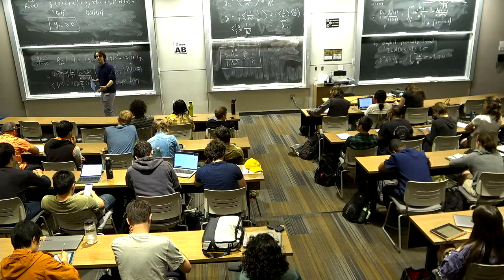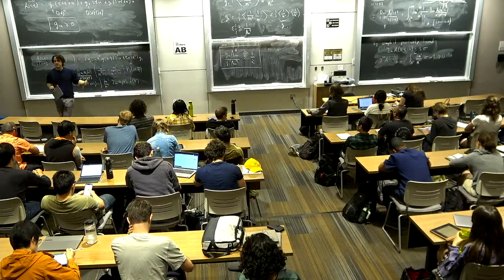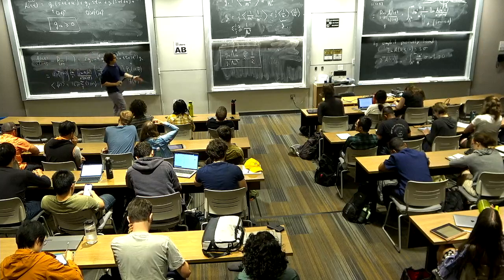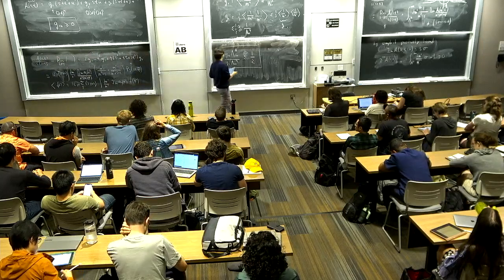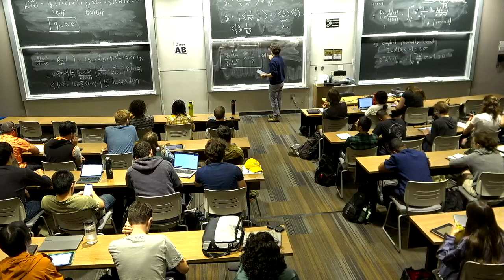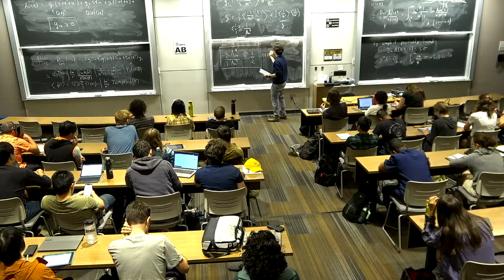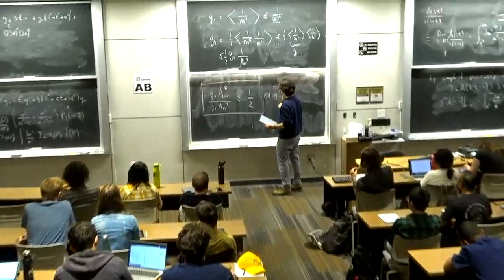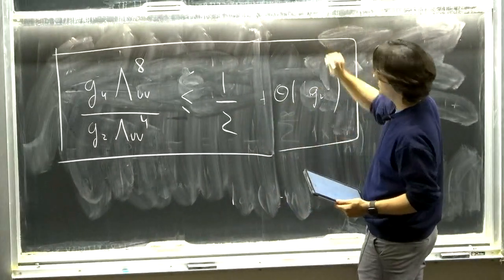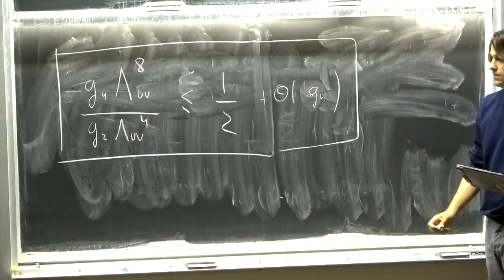But of course, you can include them also, and they will provide some small correction to these inequalities. So if you wish, this is true plus order loops, or plus order G squared. Or I guess because I divided by G, there's only one G.